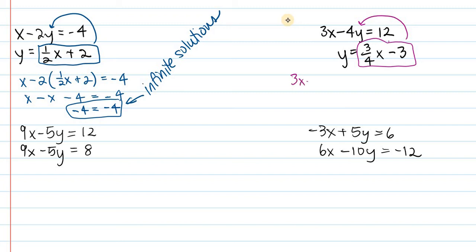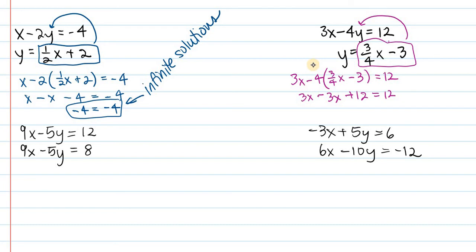So I get 3x minus 4 times 3/4 x minus 3 equals 12. 3x, and I distribute the 4. The 4s would cancel out here. So we would just get -3x, and then -4 times -3 is positive 12, which equals 12.